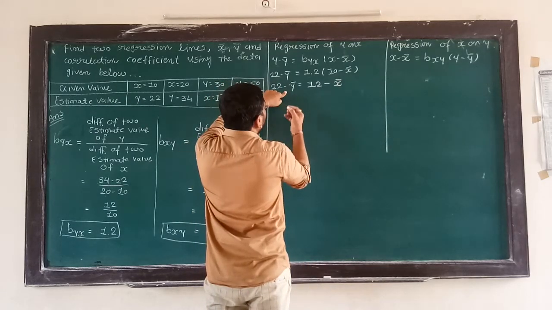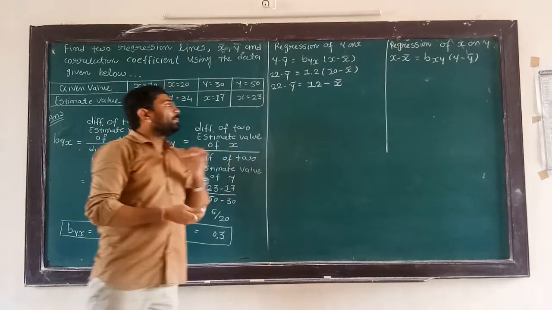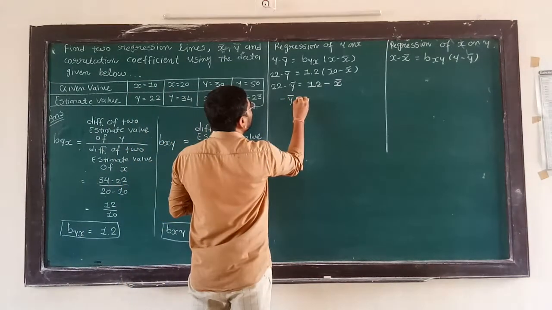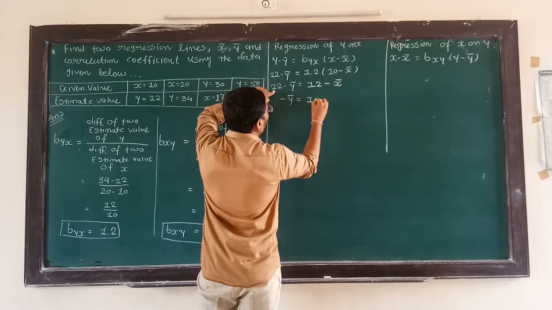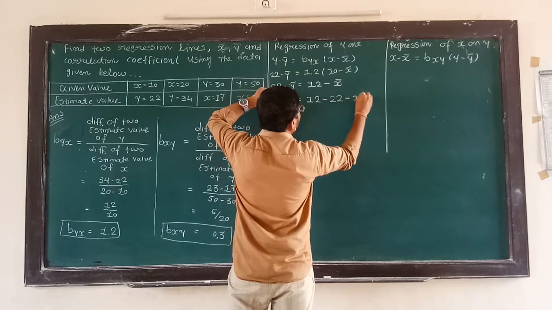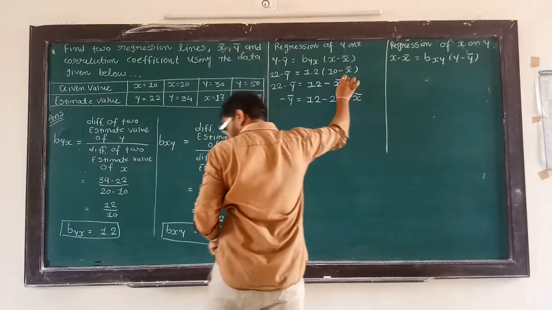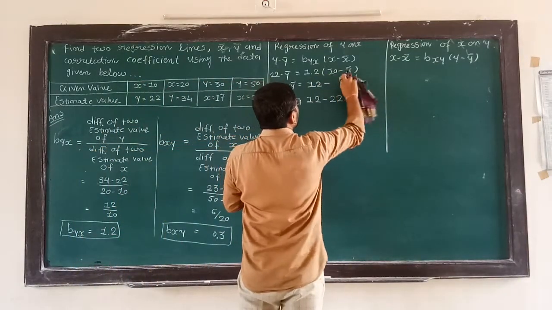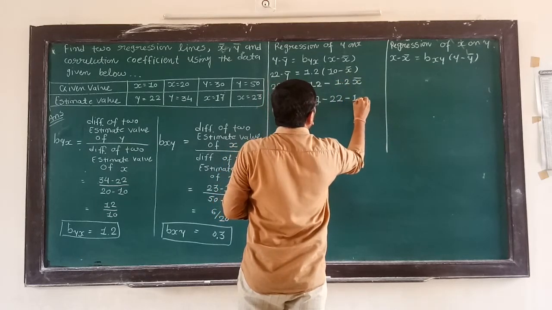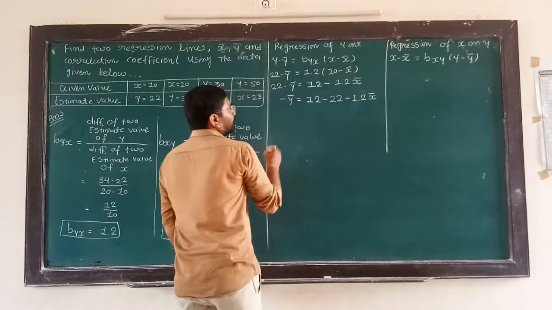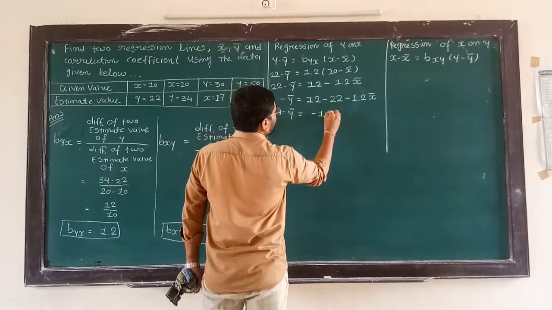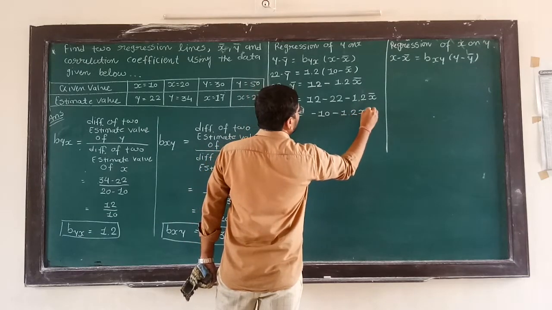So the equation is: minus y bar equals 12 minus 22 minus 1.2 x bar, that is minus 10 minus 1.2 x bar.